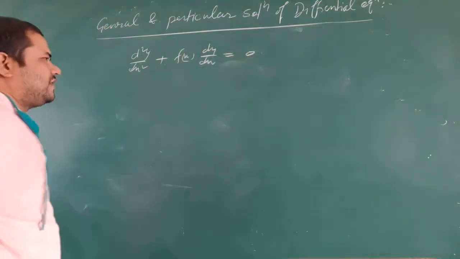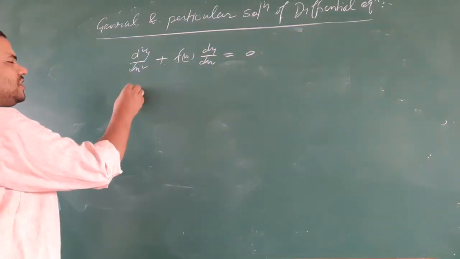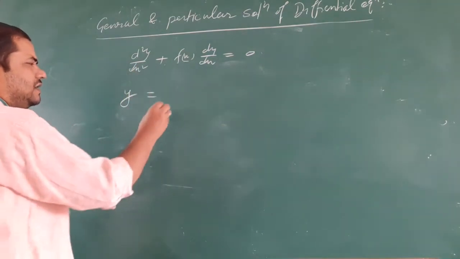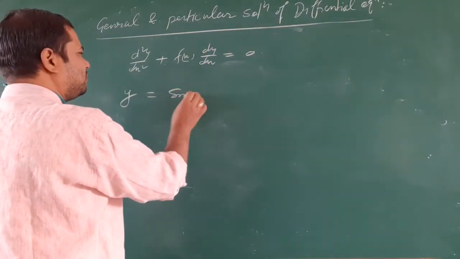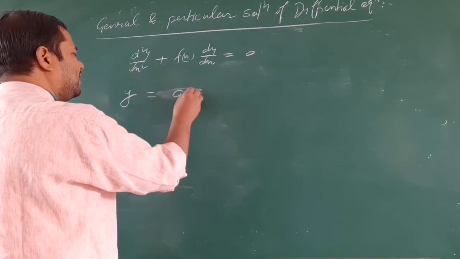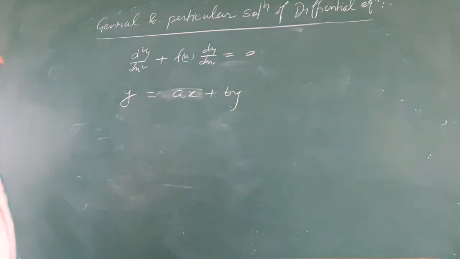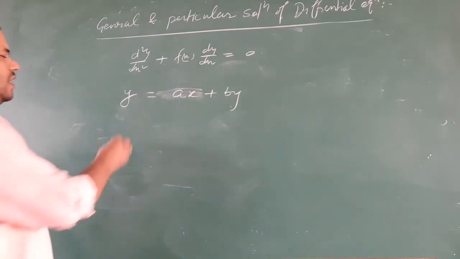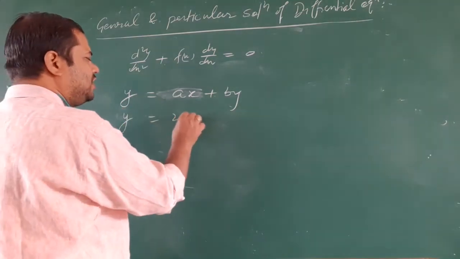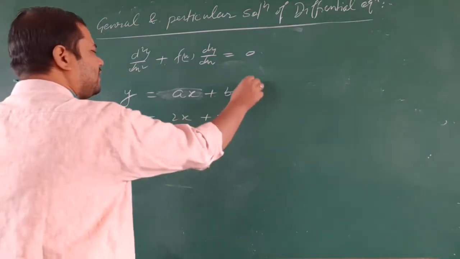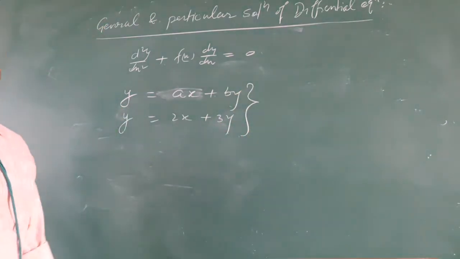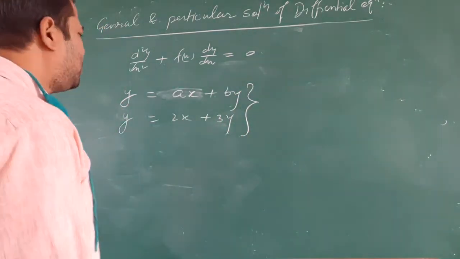Suppose this is the differential equation and the solution of this particular equation is of two types. Suppose y is equal to ax plus by. This is the solution of that particular differential equation, and also y is equal to 2x plus 3y. This is the solution of the given differential equation. Okay, so there are two types of solutions.